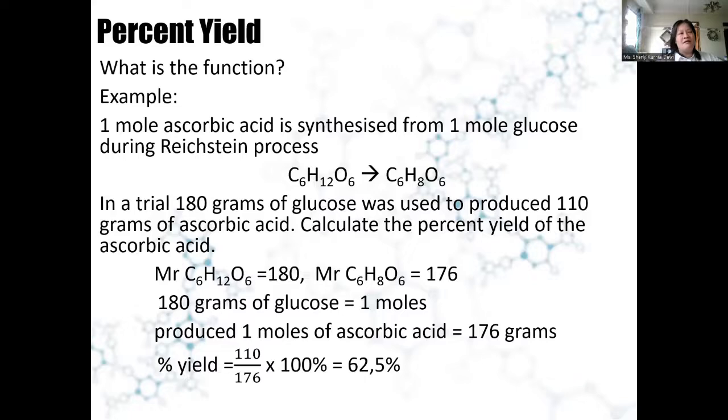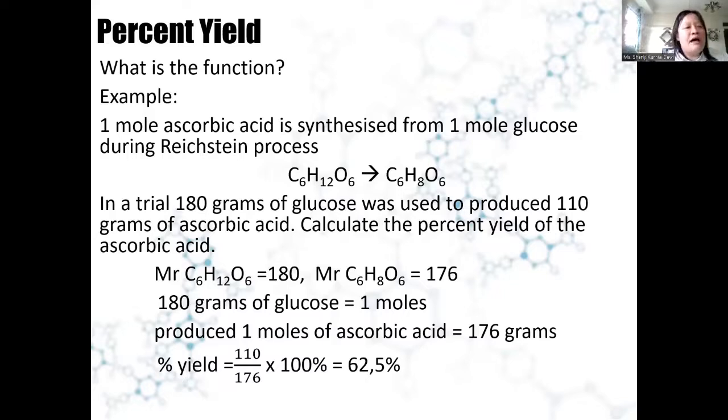Never in a process can you find the process is 100% efficient. Never. So you can estimate your budget if you make an industry to make chemical products. That is the function of percent yield.